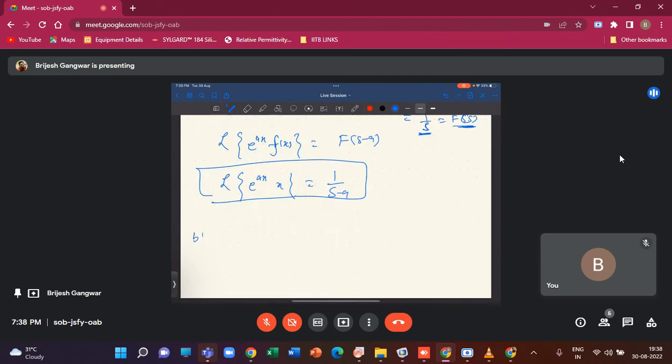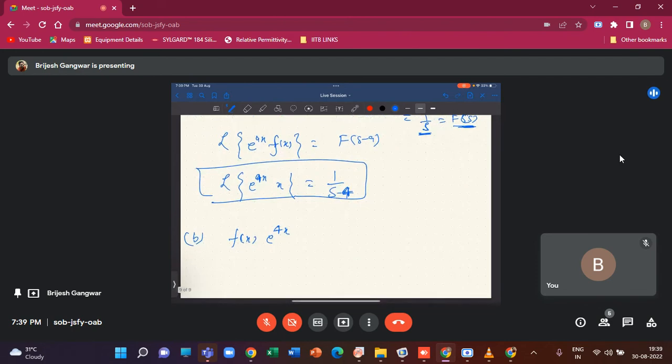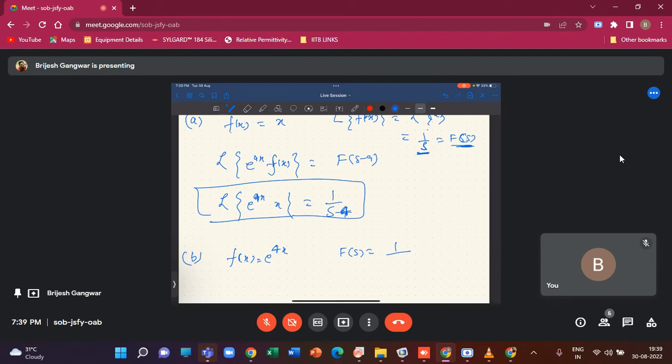If you consider f(x) is equal to e to the power 4x, actually we have a is equal to 4, so s minus 4 it will be here. So if we consider f(x) is equal to e to the power 4x, then our F(s) will be the Laplace transform of e to the 4x, so it will be 1 upon s minus 4.